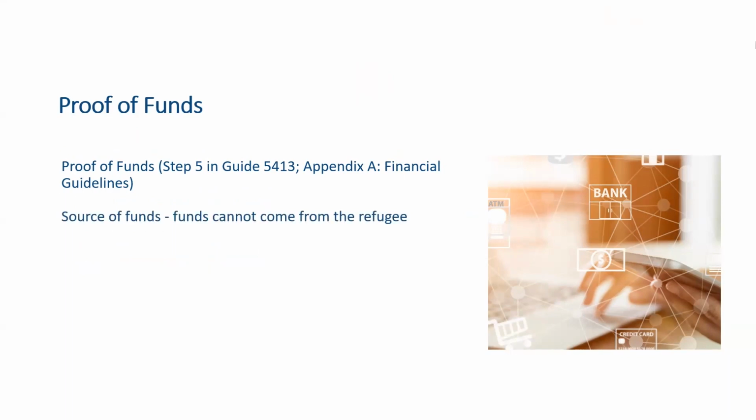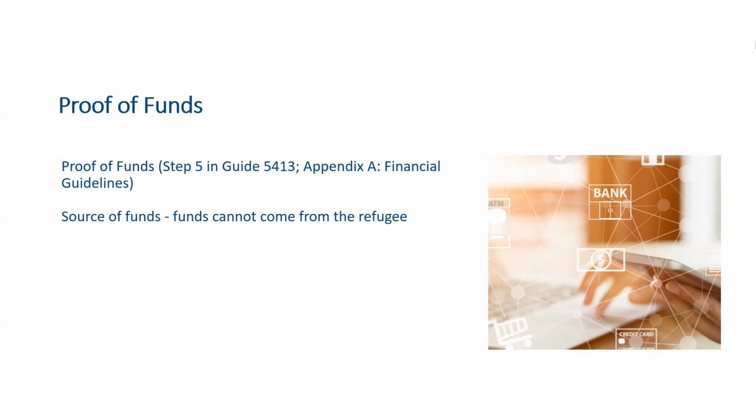Now, before we look at the sponsorship cost table, we just want to talk about a couple of things related to proof of funds, just as reminders, because I'm sure this is all information that we already know. And this information is pulled from the new IMM 5413 guide, specifically from Appendix A. So as we all know, the funds cannot come from the refugees either directly or indirectly.